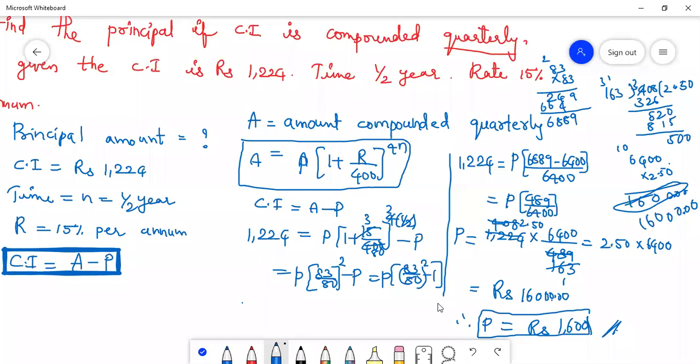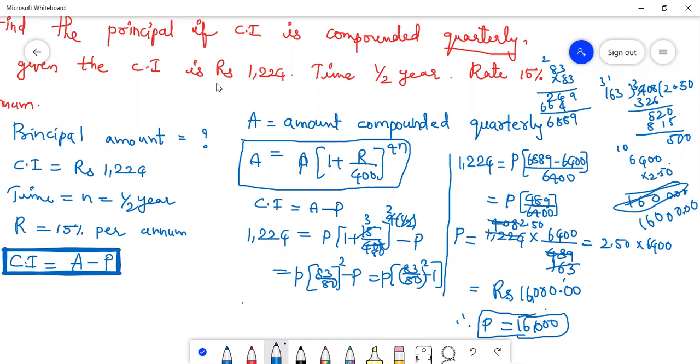Then the value is not 1600, it is 16,000. 16,000 is the principal amount.